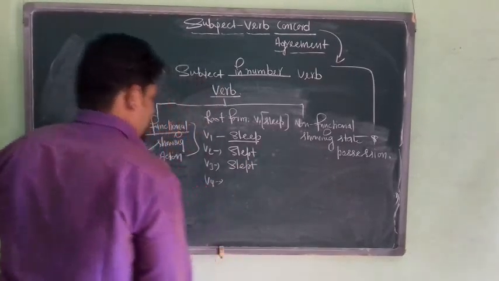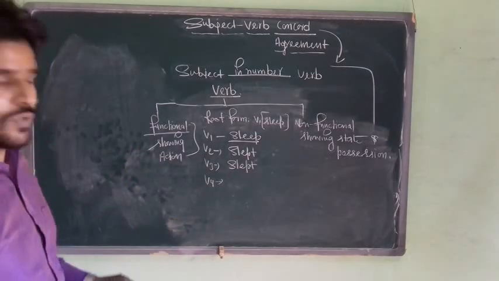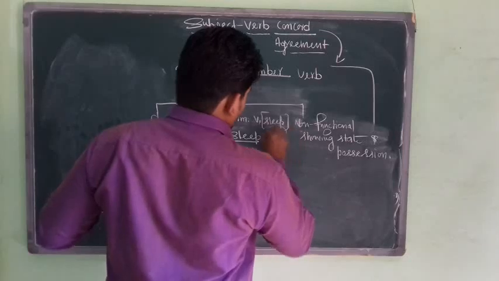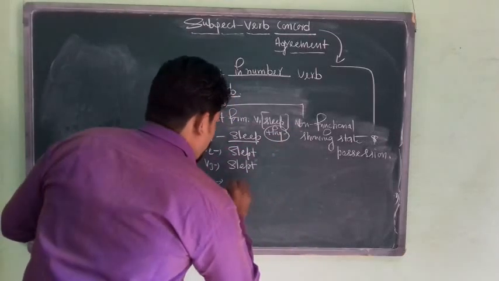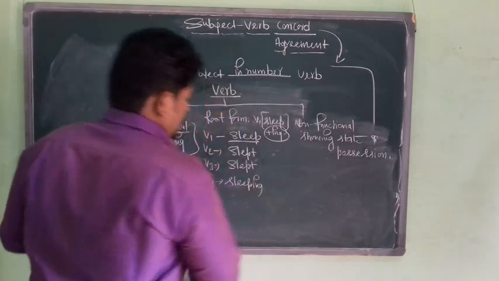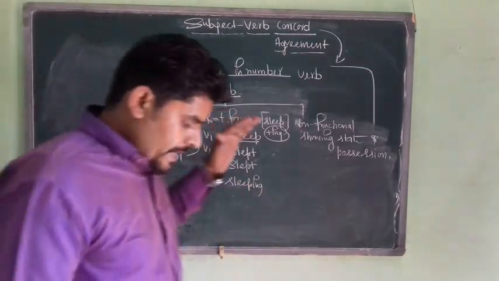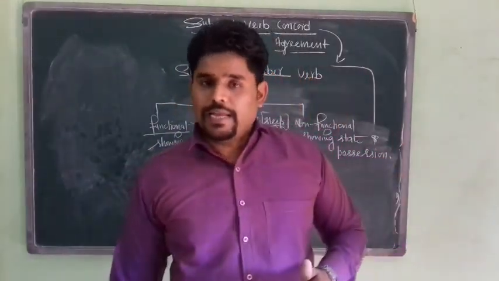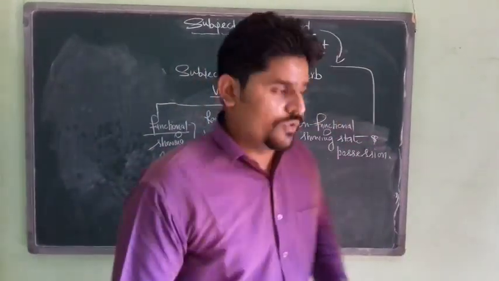Fourth form, now here I'm coming over to this fourth form. When you add ing to the root form of the verb, it becomes the fourth form of the verb, sleeping. So in any of the root forms of the verbs, if you just add ing, it becomes the fourth form of the verb.